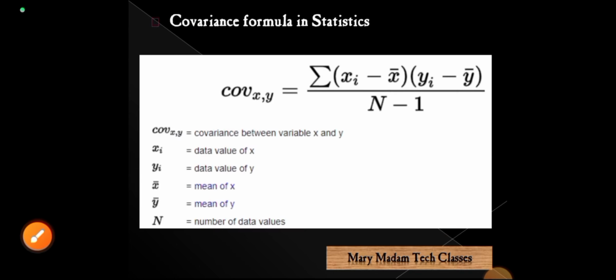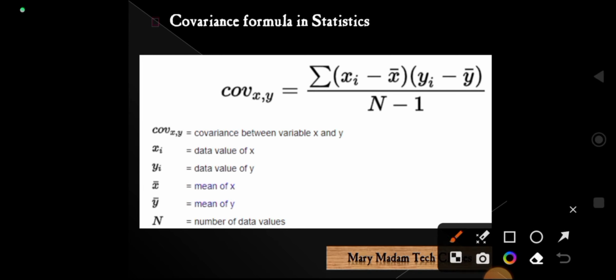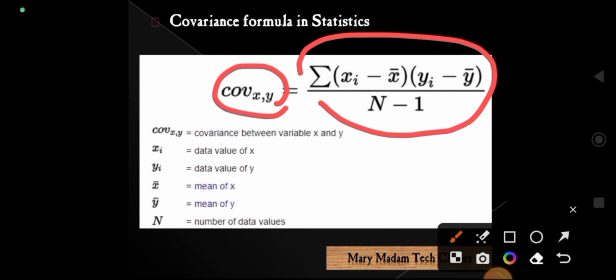Just now we have taken covariance of xs and ys, which are our lists. But if you see the formula in statistics, covariance of x comma y, two variables x and y, is the sigma of xi minus x bar, where x bar is nothing but the mean of x, times yi minus y bar, the mean of y. xi is the data value of x and yi is the data value of y.